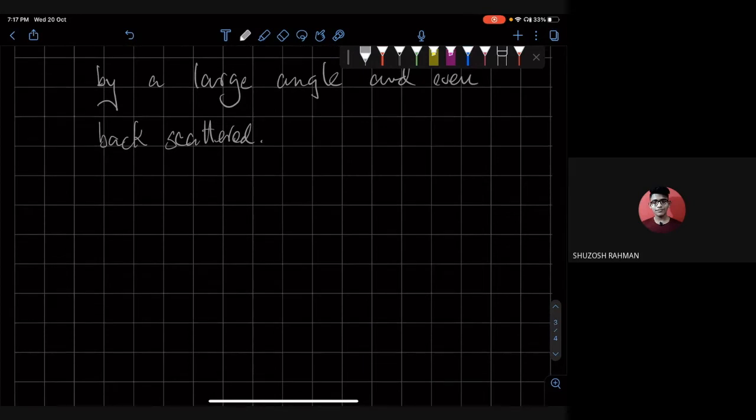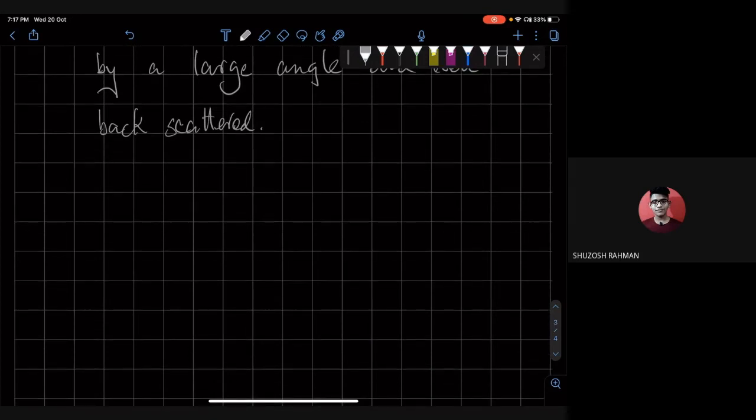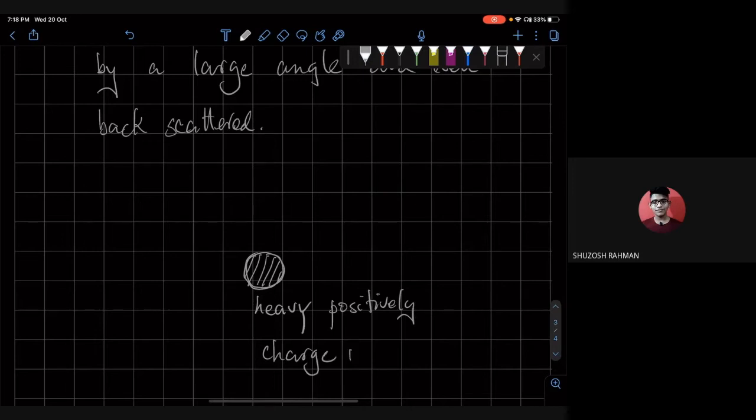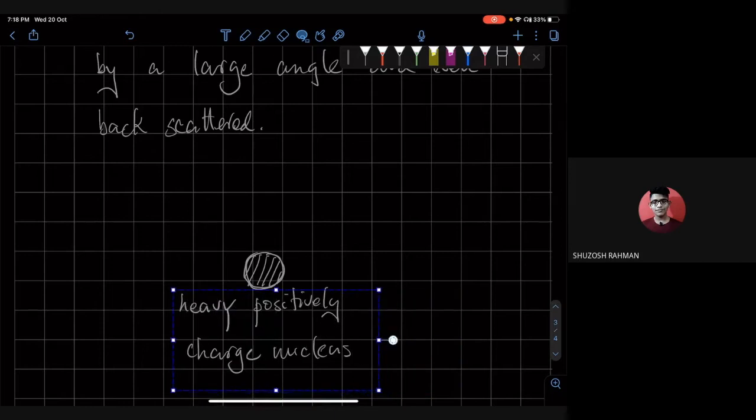So what Rutherford argued was that the atom consisted of a heavy, positively charged nucleus. So gold is a pretty heavy atom. So that's why whenever the alpha particles hit the gold nucleus, it got deflected or backscattered very easily.